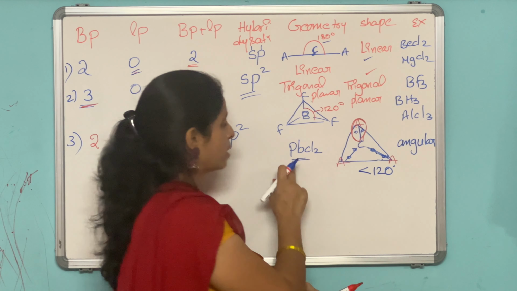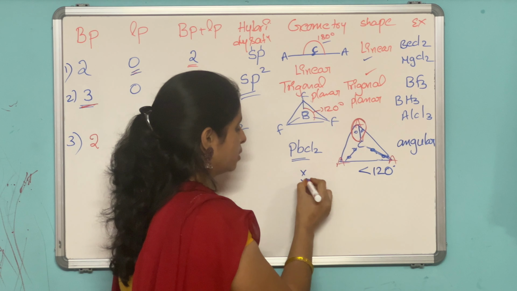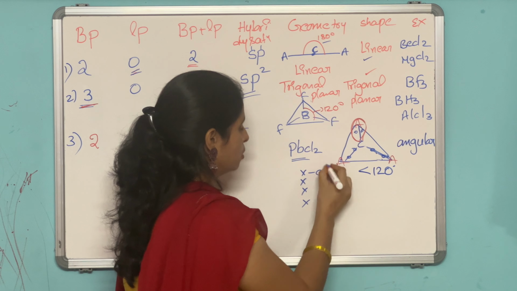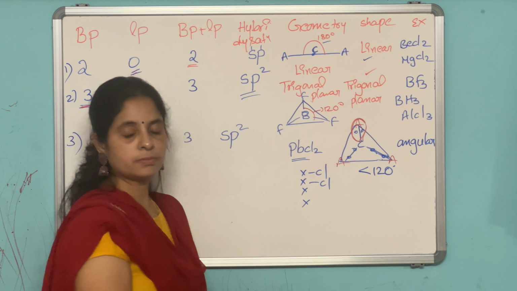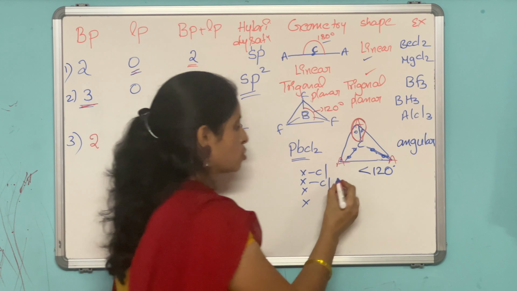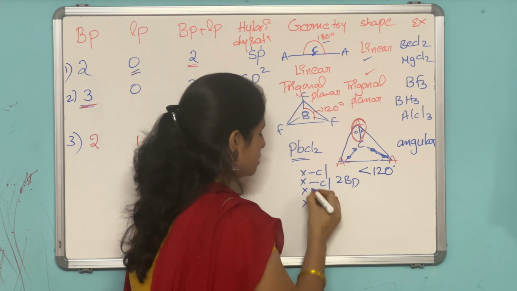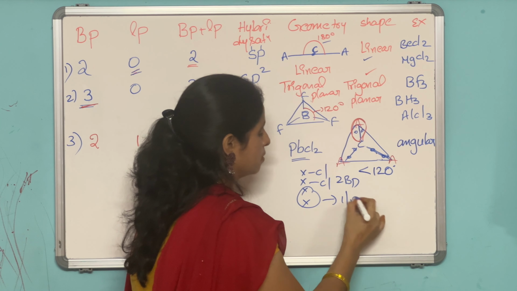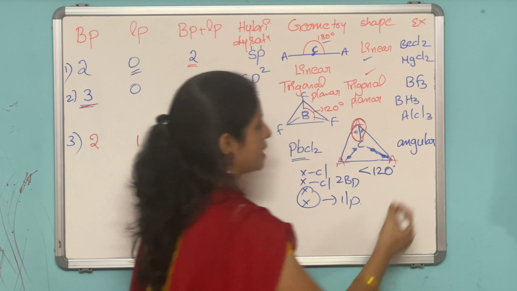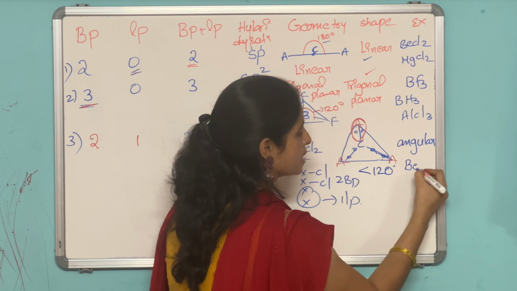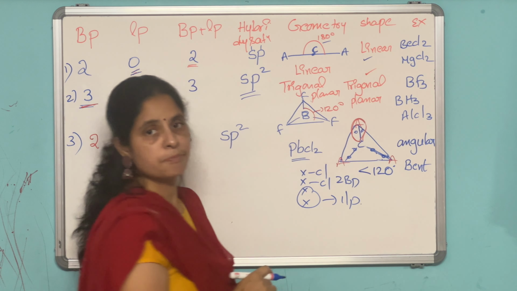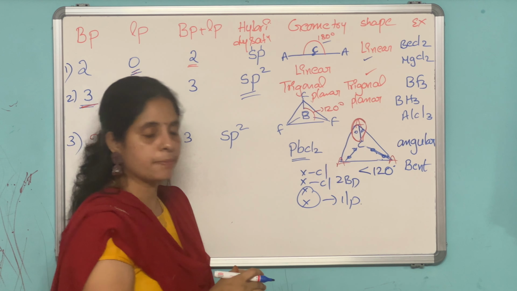So this belongs to the 4th group: 1, 2, 3, 4. With 2 chlorine atoms. So 2 bond pairs plus 1 lone pair. This angular shape, in some textbooks, is given as a bent shape also. You can call it a bent shape.